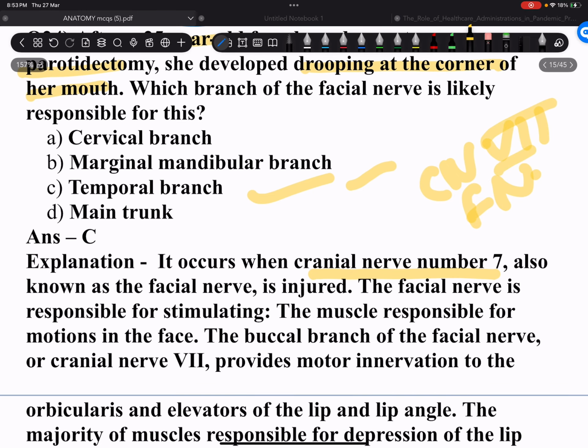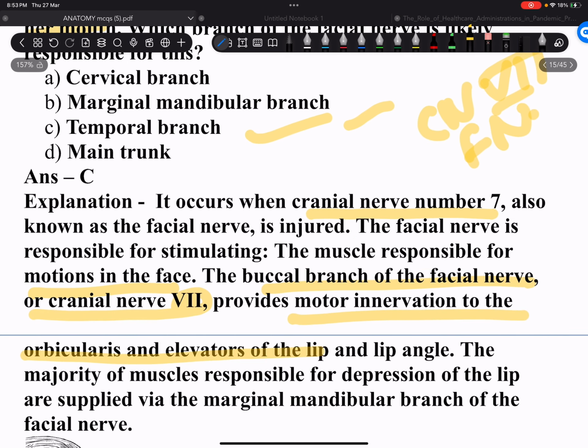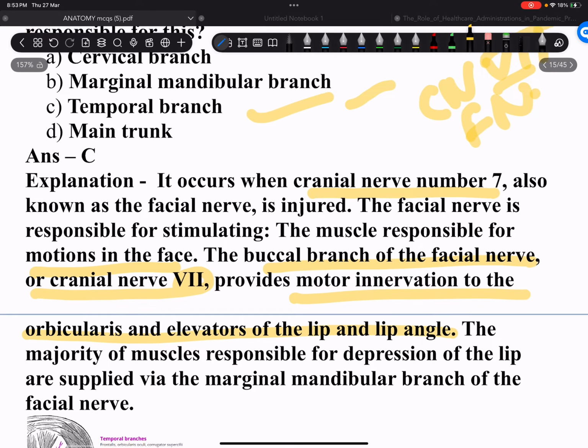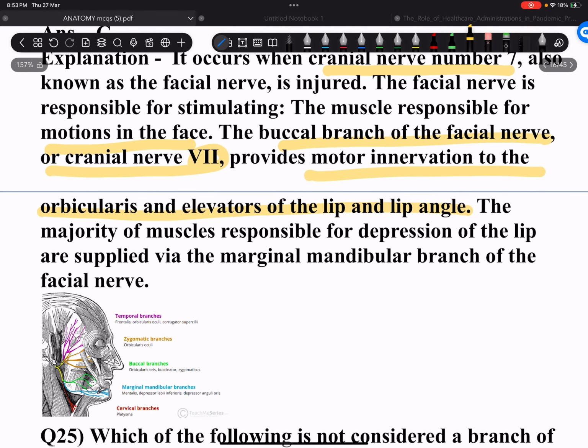The facial nerve is responsible for stimulating the muscles for motion in the face. The buccal branch of the facial nerve provides motor innervation to the orbicularis and elevators of the lip and lip angle. The majority of muscles responsible for depression of the lip are supplied by the marginal mandibular branch.